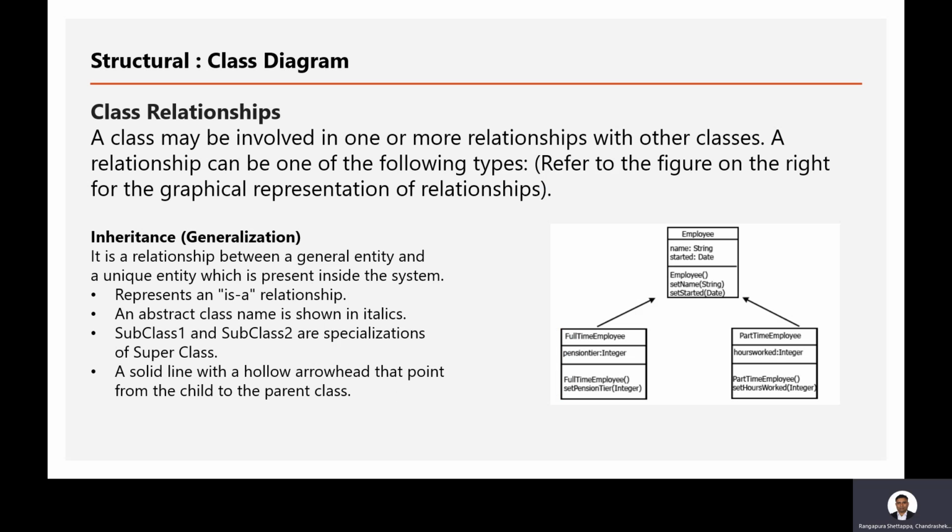Now let's look into some of the structural or relational aspects of the class diagram. The first property we discuss is called inheritance. Inheritance is a method in which the parent class functionalities and its methods are inherited by a child class.